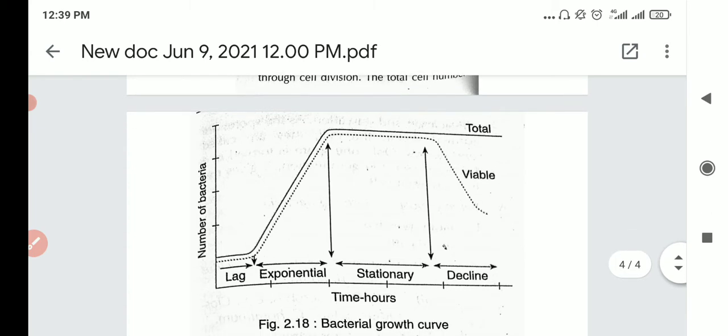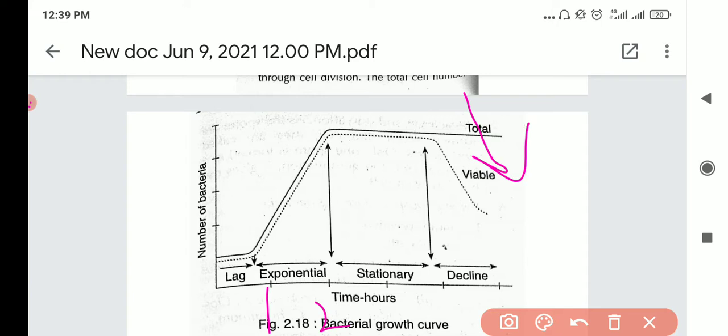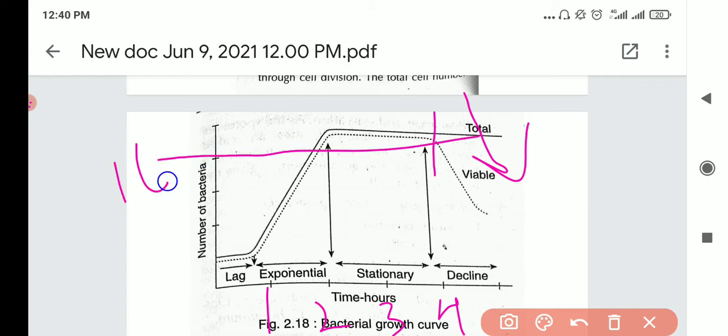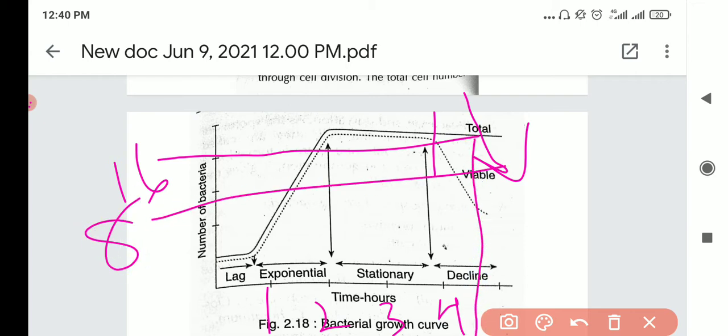So here, 1, 2, 3, 4 hours. At 4 hours you are seeing a decline. We were at 16, then at 4.5 hours we were at 8, then at 5 hours we were at 4.